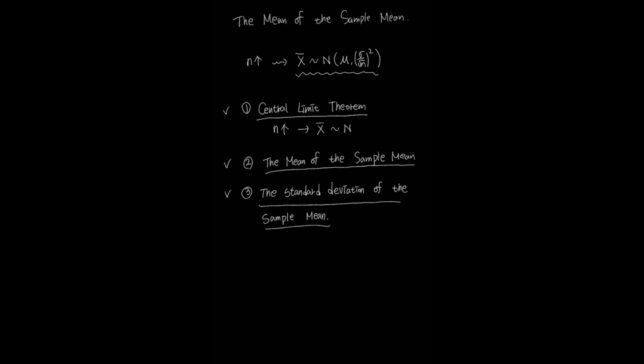The reason for this order is that demonstrating the central limit theorem is the biggest challenge in this step, so we're going to deal with the much easier steps, the second and third, before we get to the central limit theorem.